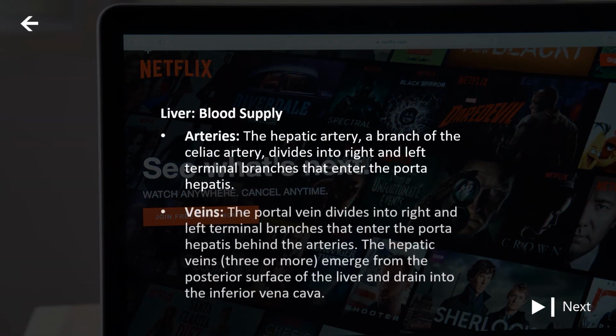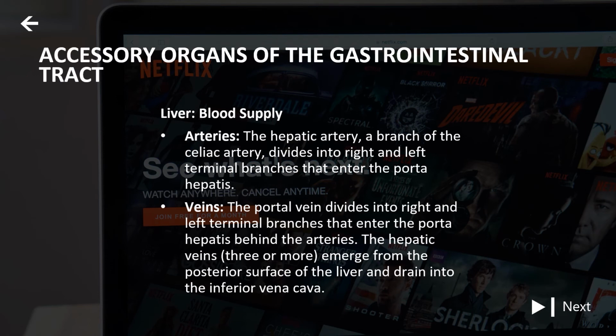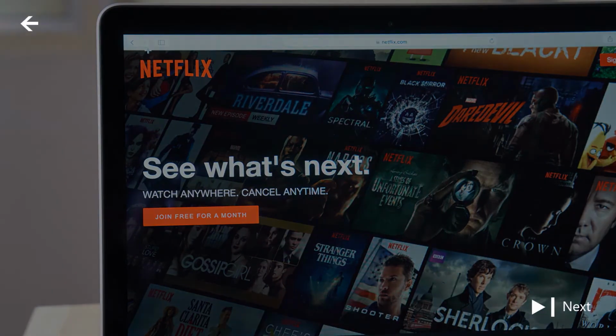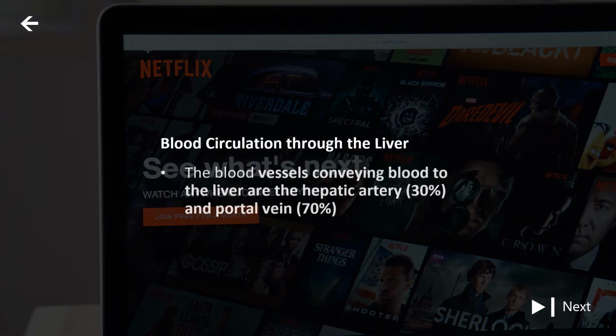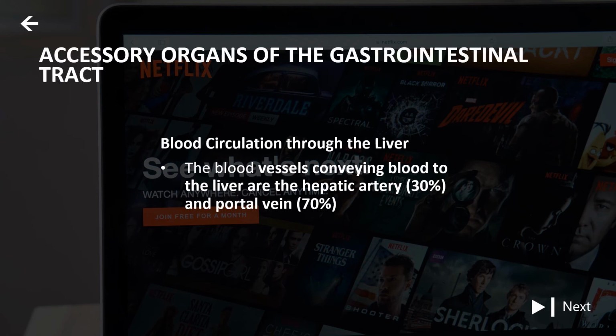So, as you can see, here's the blood supply of the liver. So, the blood circulation through the liver.